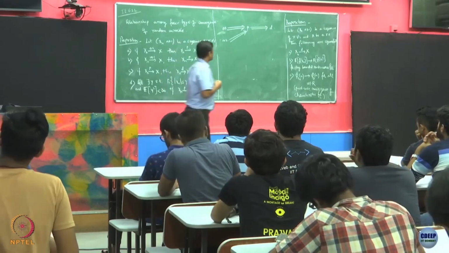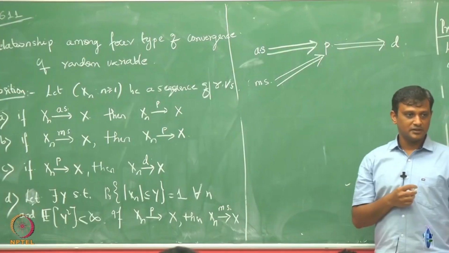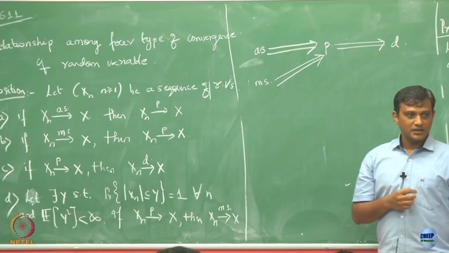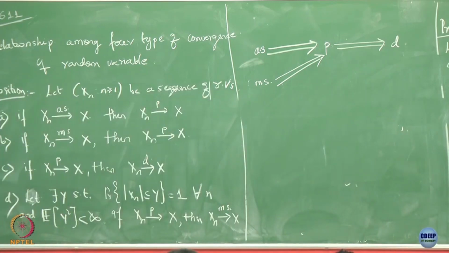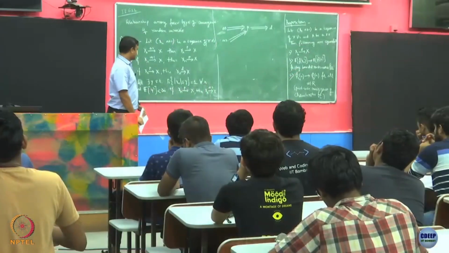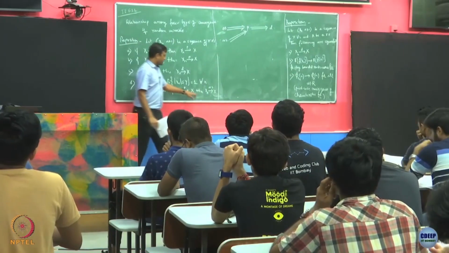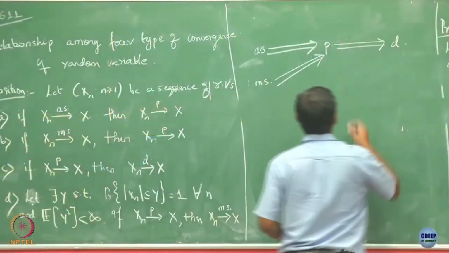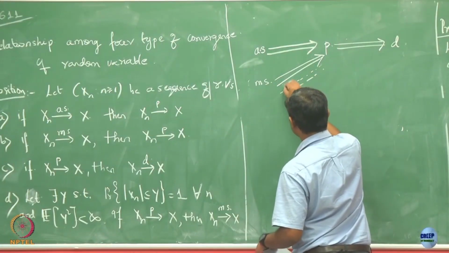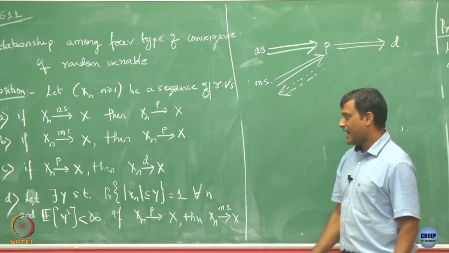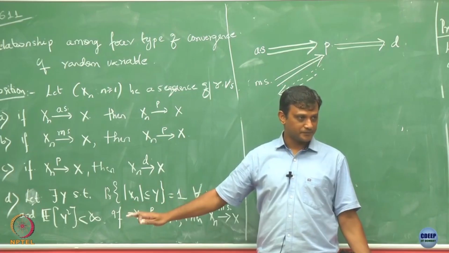Further, now the question is, okay, we had shown implication in one direction, what about the other directions? Is it true that P implies AS and P implies mean squared sense? So this part D answers that question partly. It says that convergence in P implies convergence in mean squared sense, provided something happens, under some condition, not always true.